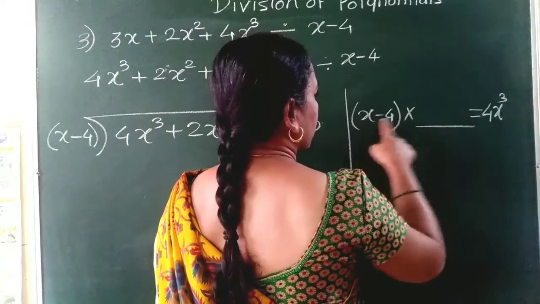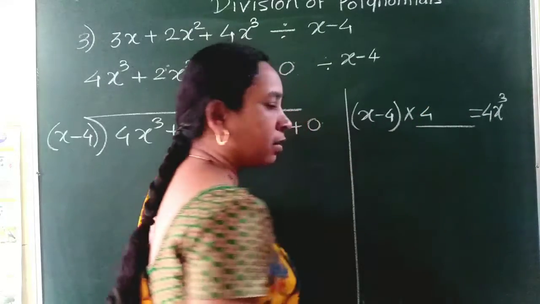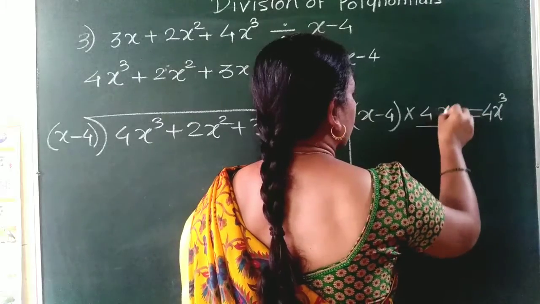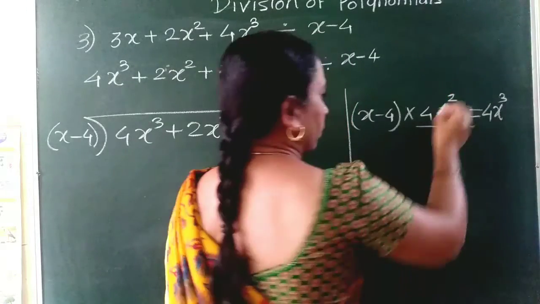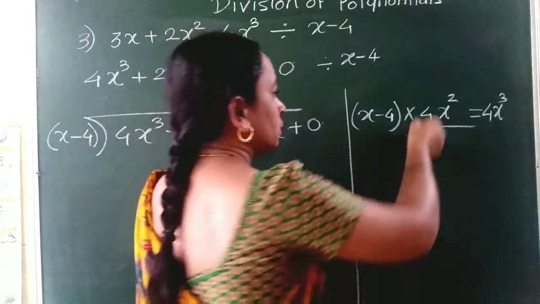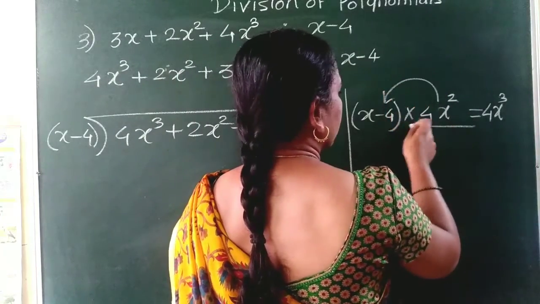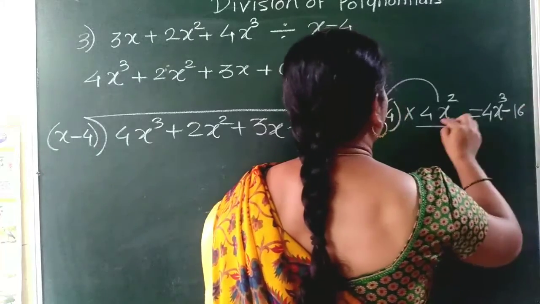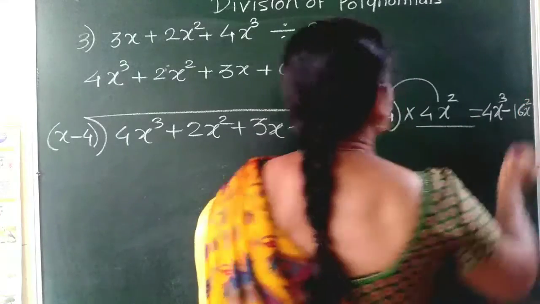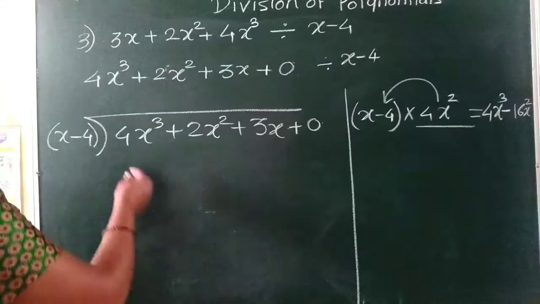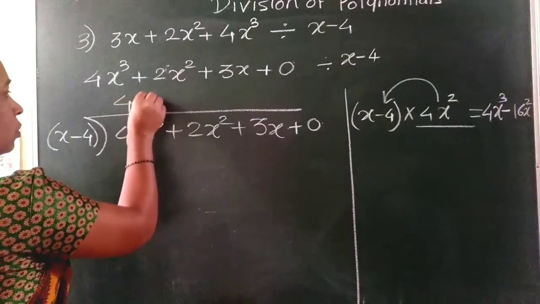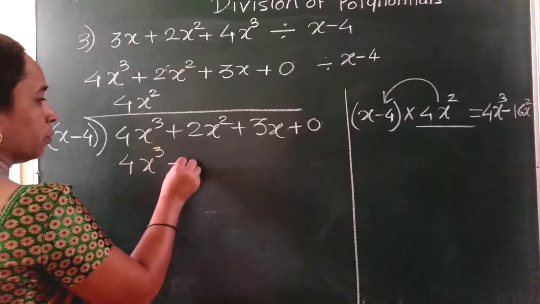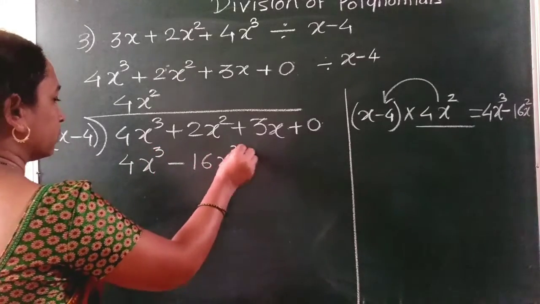Here x and here 4, so I will multiply here 4. 4 ones are 4. x and here x cube, to balance it, I should write here x square. So it will balance. Now the second term, we have to multiply the second term. So I'll get 4 4s are 16x square. So I'll write the quotient 4x square. Product I'll write here: x cube minus 16x square.